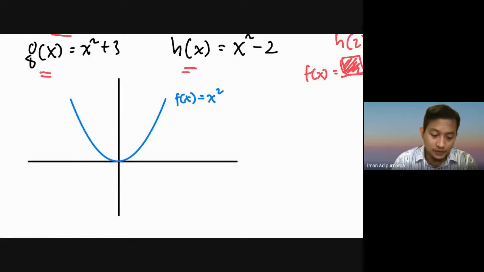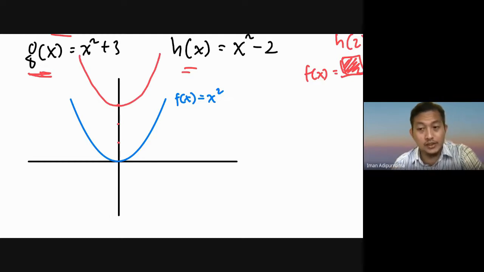So first for g, we can move the functions going upwards. 1, 2, 3, and we will have here the vertex or the extreme point moving 3 units upwards. And you don't really need to draw it perfectly as long as you understand the concept and how the graph originated.